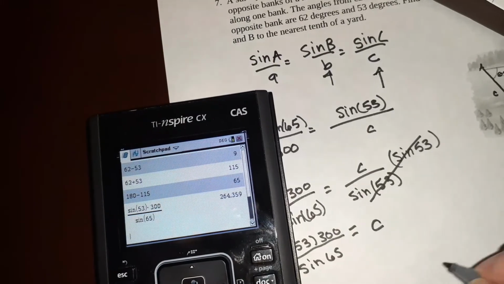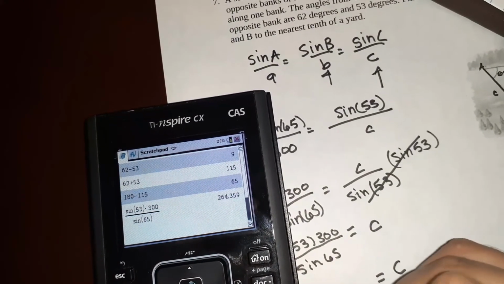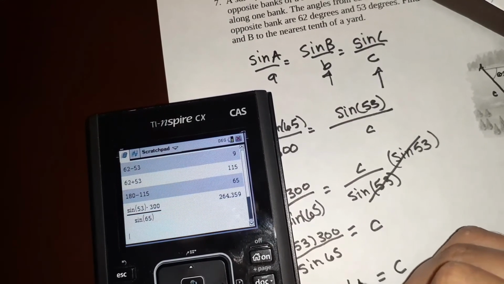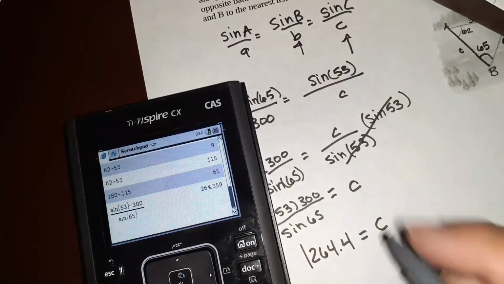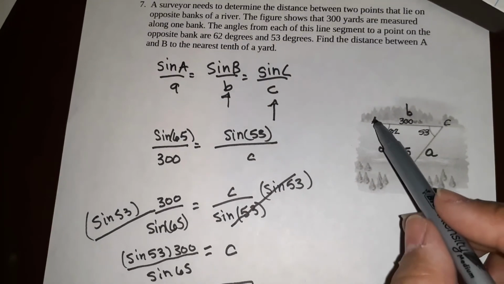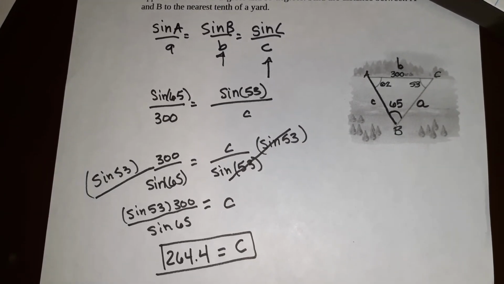And we want it to the nearest tenth of a yard. So our answer is going to be 264.4. And that's what our side measures. 264.4.